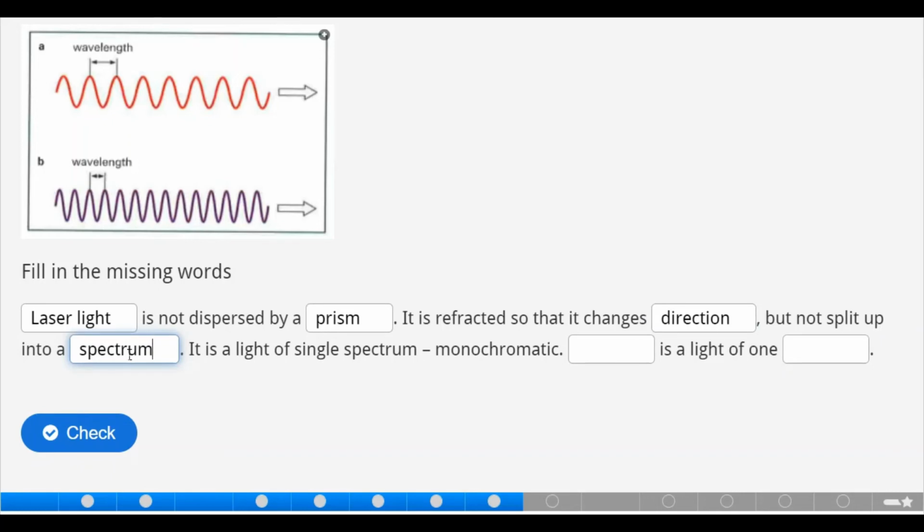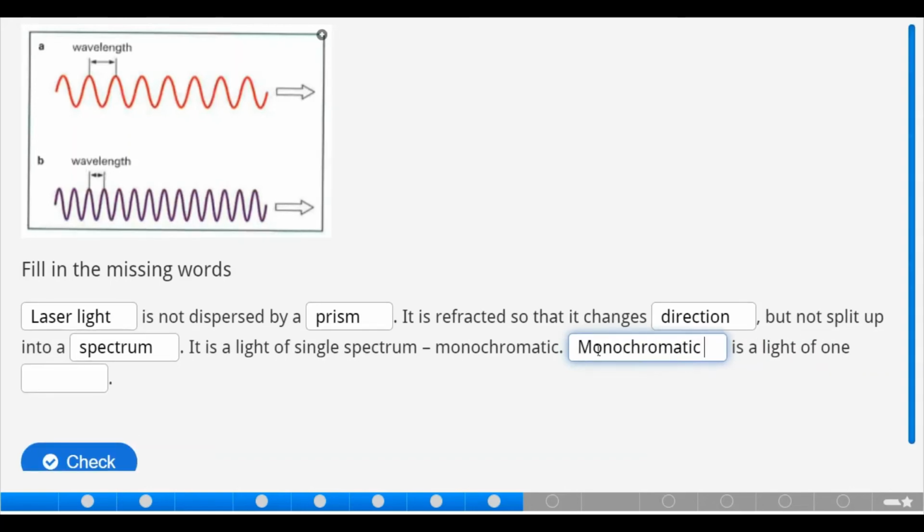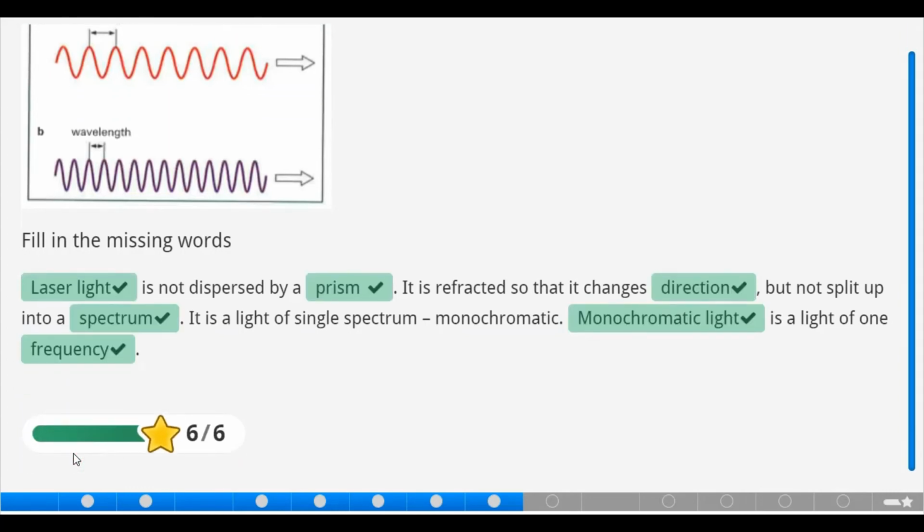It is a light of single color, that is monochromatic. Monochromatic light is a light of one frequency. So let's check. That's correct.